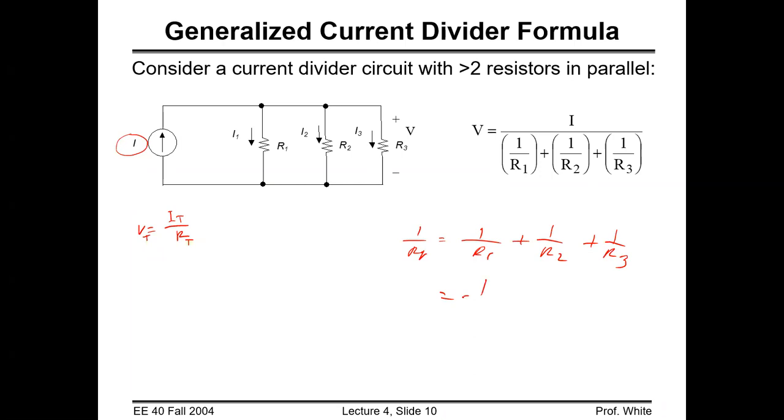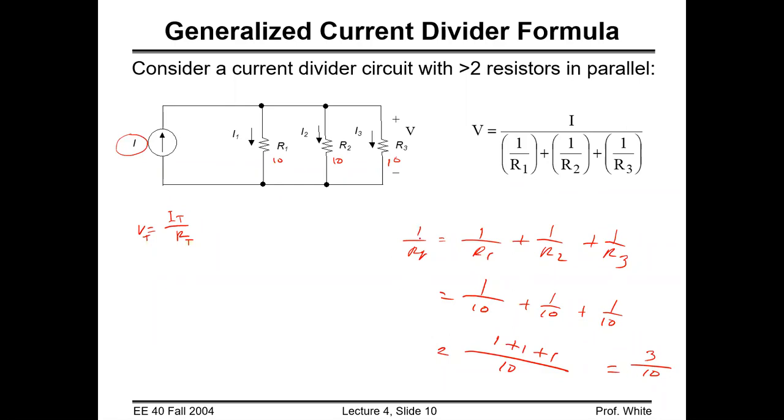Suppose all resistances are 10, so 1 by 10 plus 1 by 10 plus 1 by 10, so this is 3 by 10.